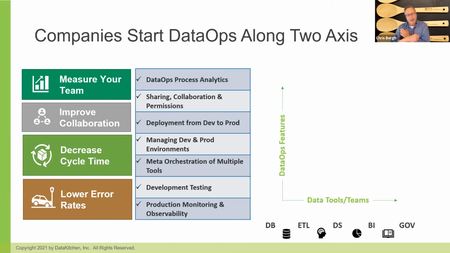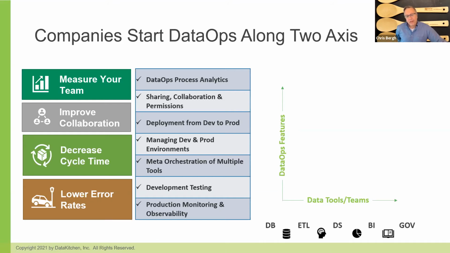What's interesting is that 4 or 5 years ago, when we were first pushing DataOps as a market, I would have bet that one of these areas would have popped as the most important: lowering error rates in production, decreasing cycle time, or improving collaboration or measurement. It turns out from our customer perspective that, at least in the bottom three, cycle time, error rates, and collaboration, customers broadly start in any one of the categories.